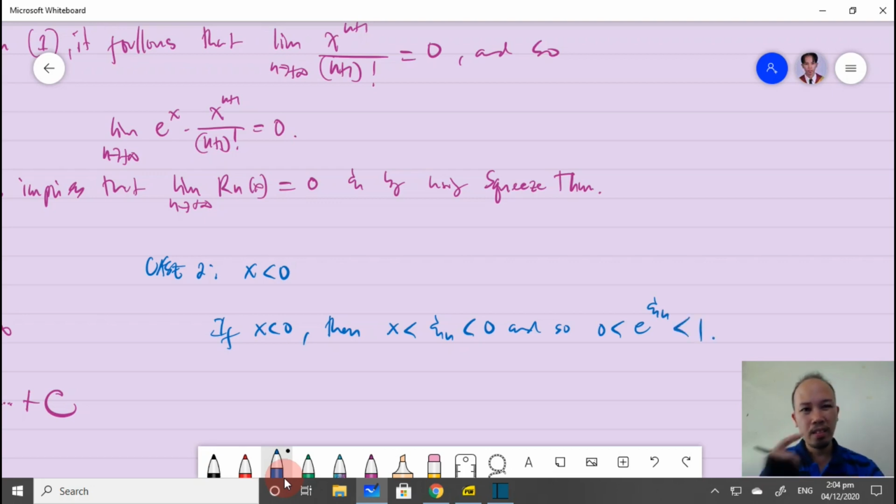Okay, why is that? We have a negative value here, so 1 over e to the psi sub n, where your psi sub n is between x and 0, then of course this is less than 1.